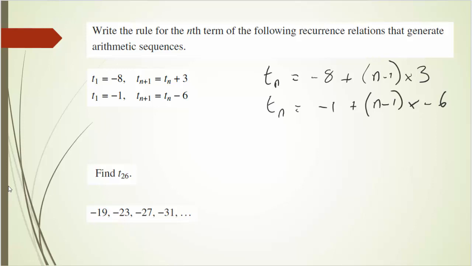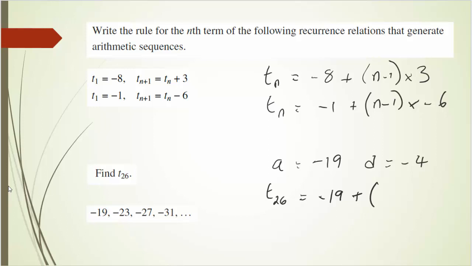Let's use the rule now. Find T26, the 26th term of the sequence here. Now I suggest what you do is you first of all write down what a and d are. So a is negative 19, and d, looks like they're going down, so in fours, is it? Yep, minus 4. Now you write first of all T26, the 26th term, we know what n is now, a minus 19 plus, now what's n minus 1?